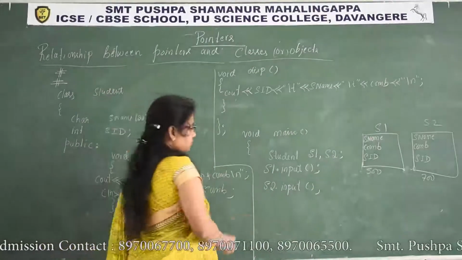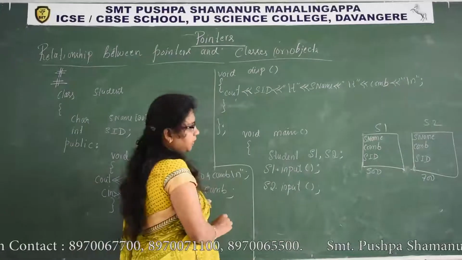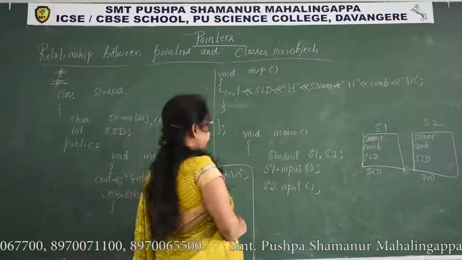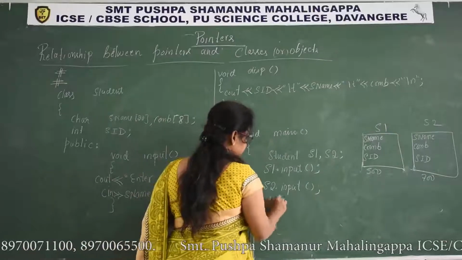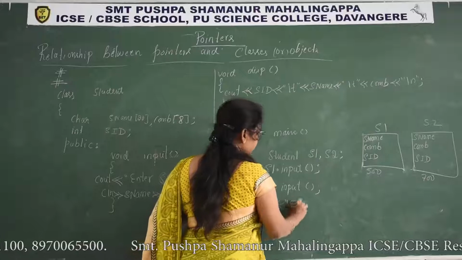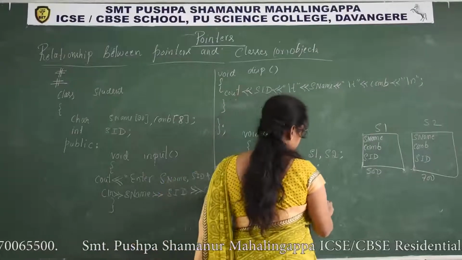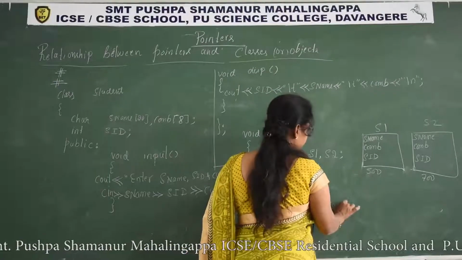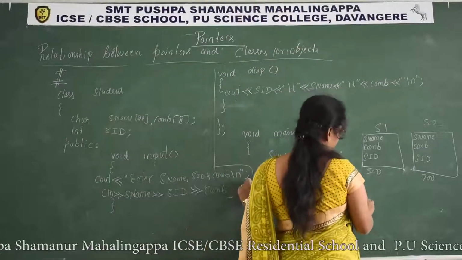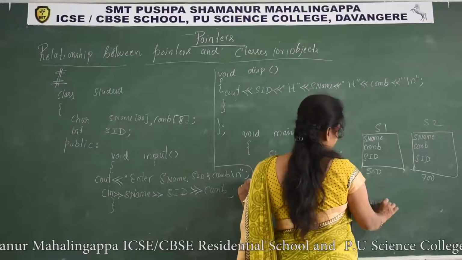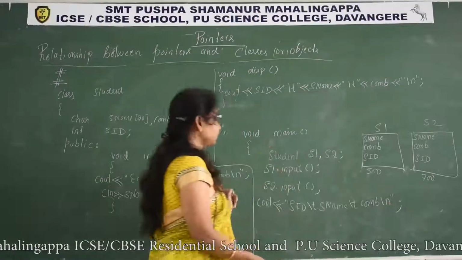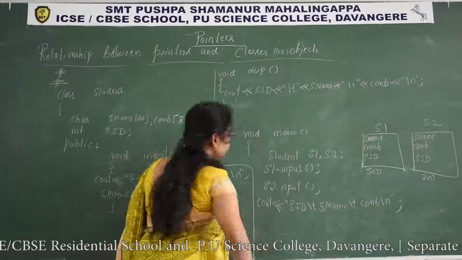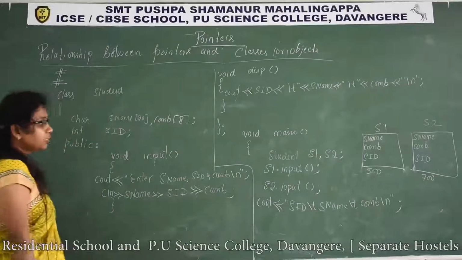Now I want to display in a tabular format. Let us write a statement here: cout insertion. First I want to display SID \t, student name \t, then combination \n semicolon. Then which function is there to display the contents of each object?